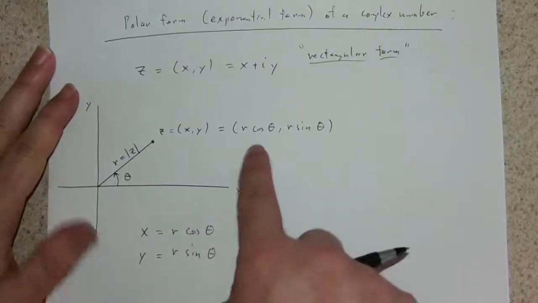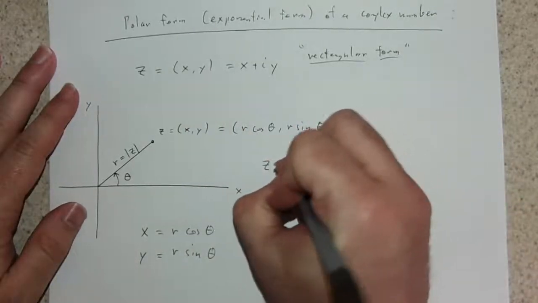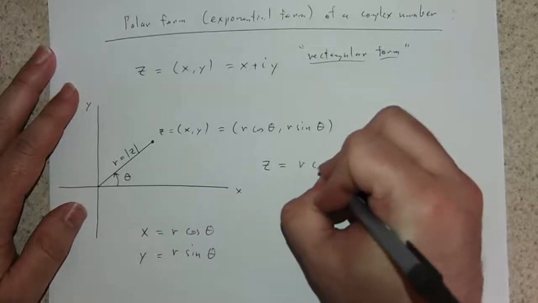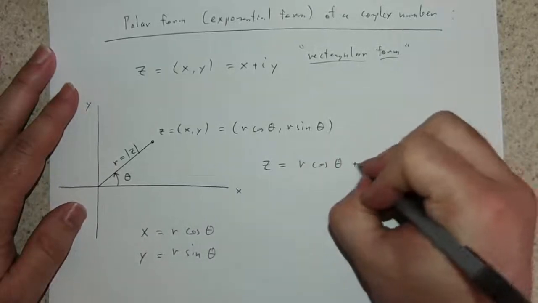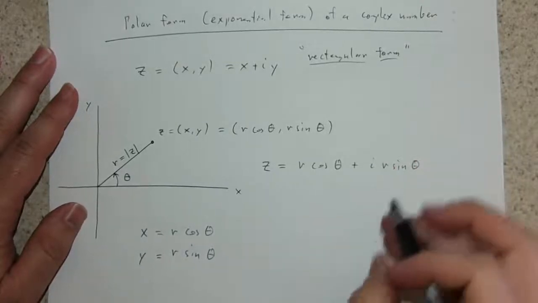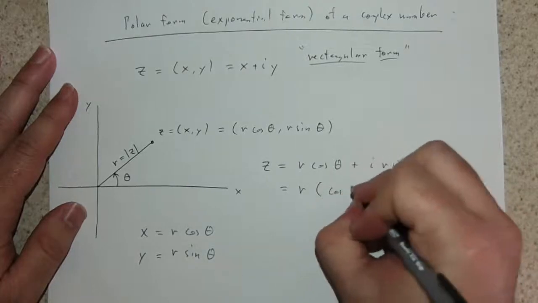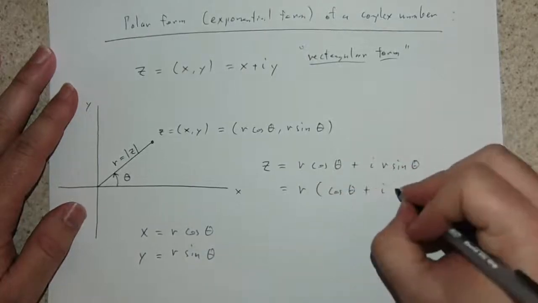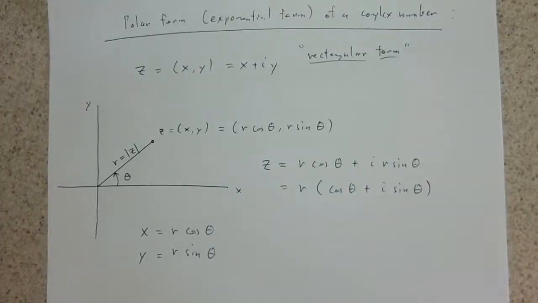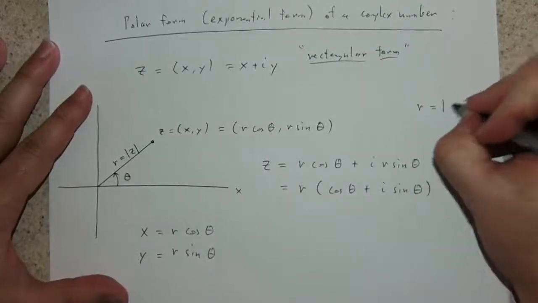And so switching back to this notation, this is really me writing z as r cosine theta plus i times r sine theta, or factoring the r out, r times cosine theta plus i sine theta, where again this little r is just the modulus of z.